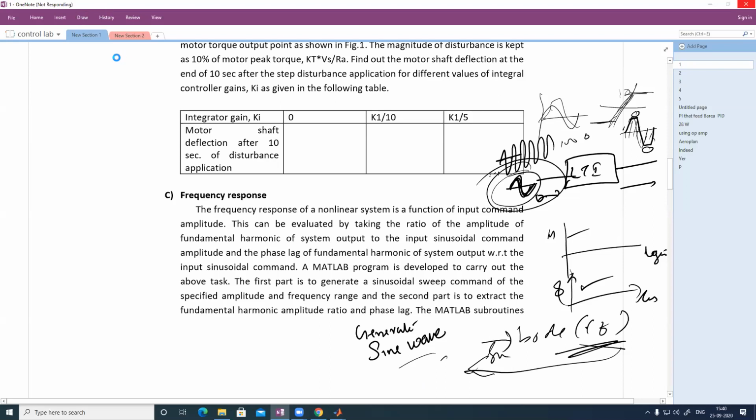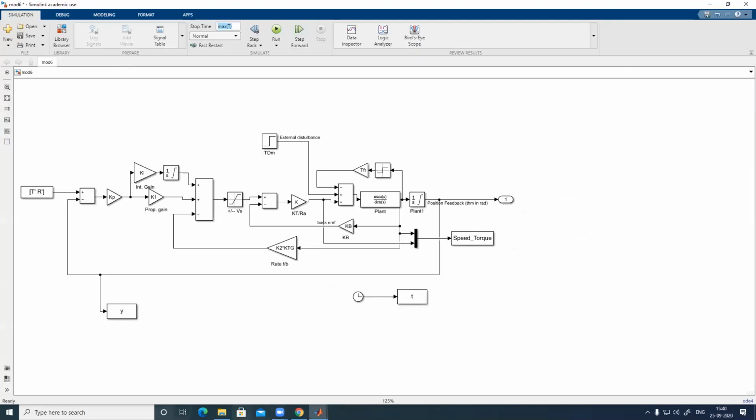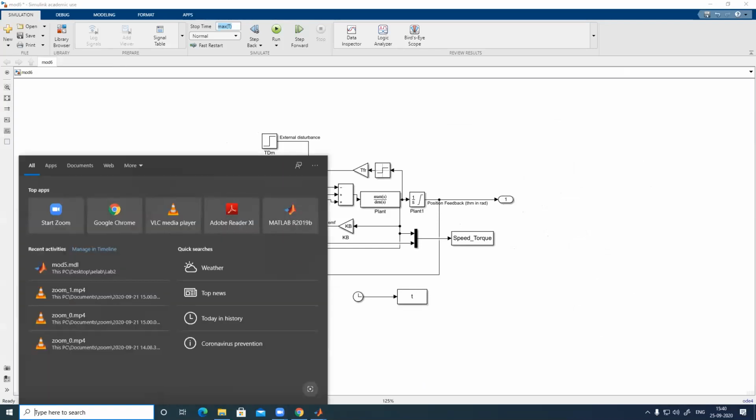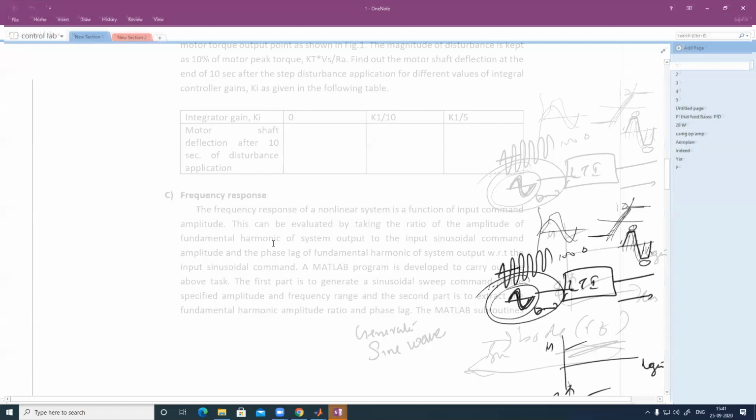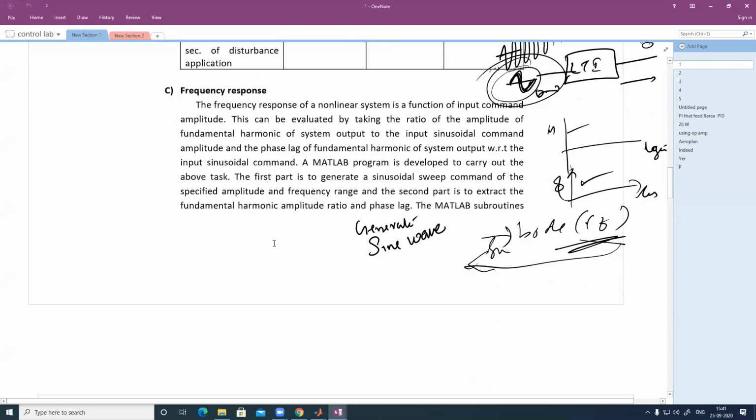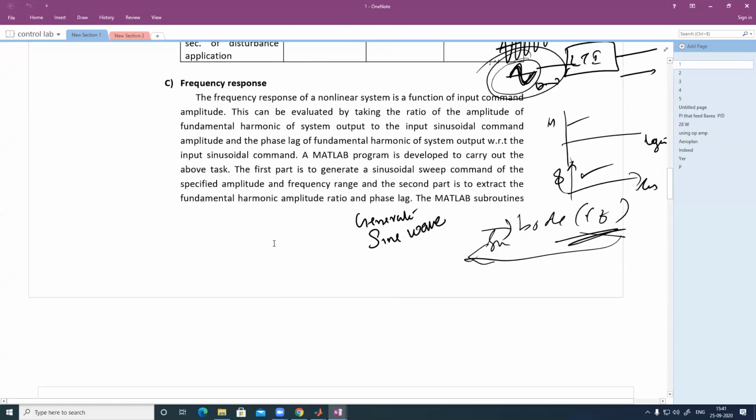So for generating a sine wave, you should know the operating points of the system: what voltage or whatever the limits are, how the input is varying from this point to that point. You have to know that. For this system, it is fixed.